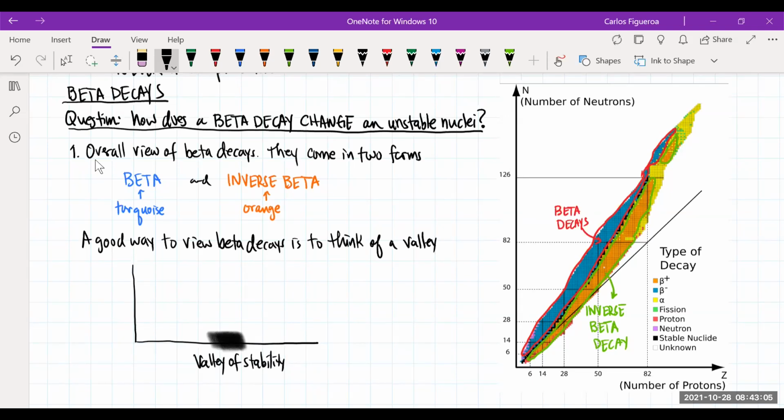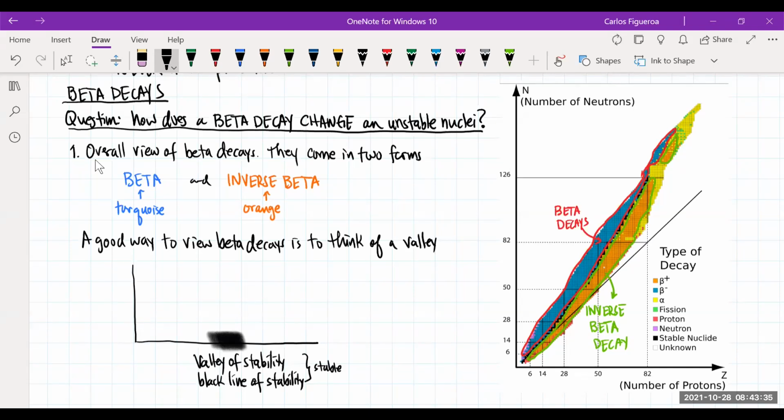And all particles want to be in the valley of stability. By the way, this is also the black line of stability, and that's where all stable nuclei live.